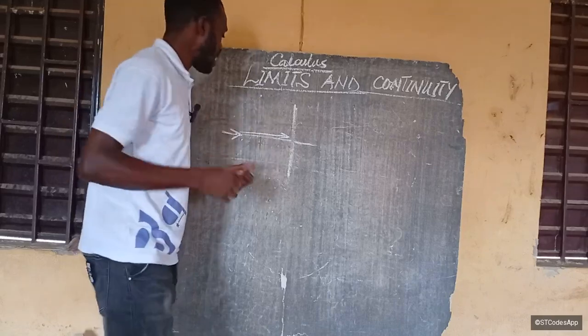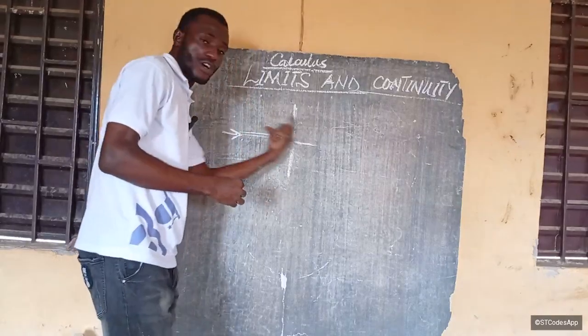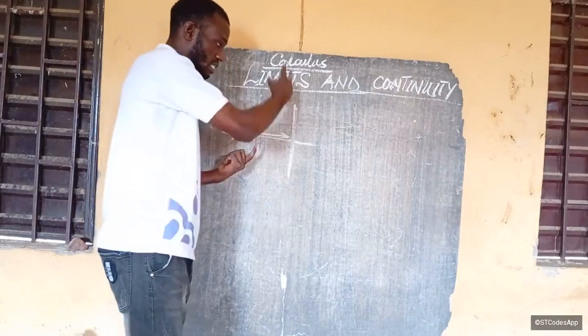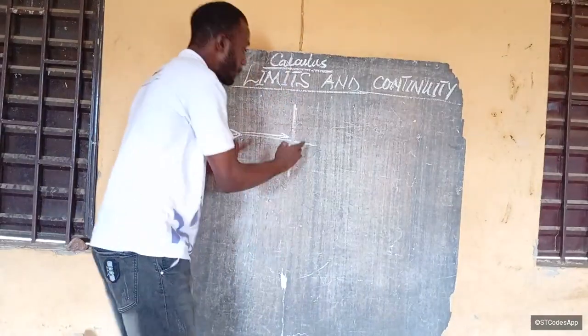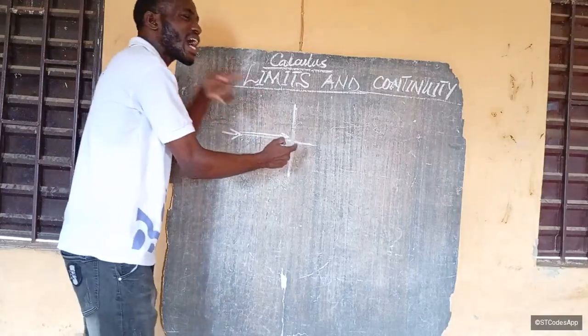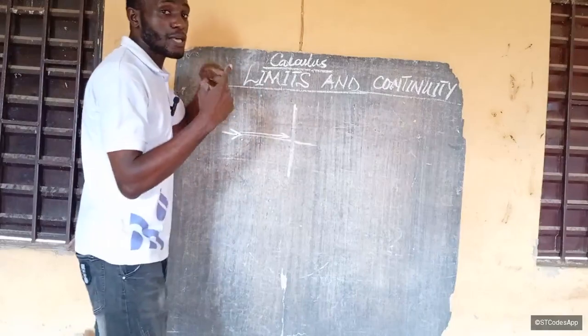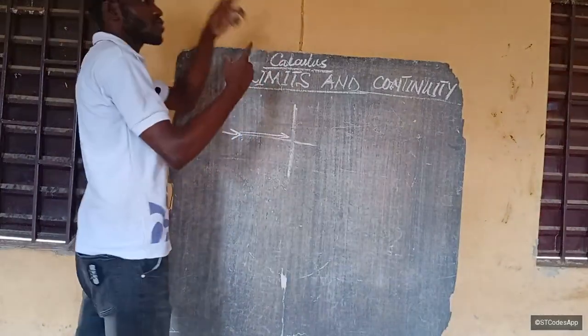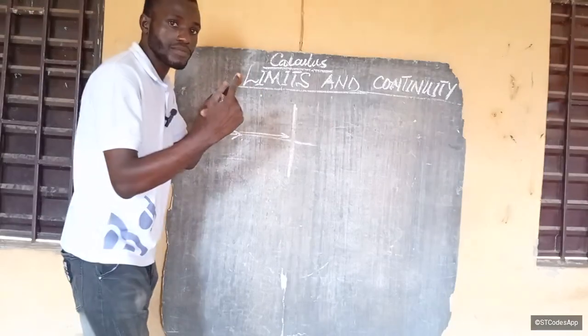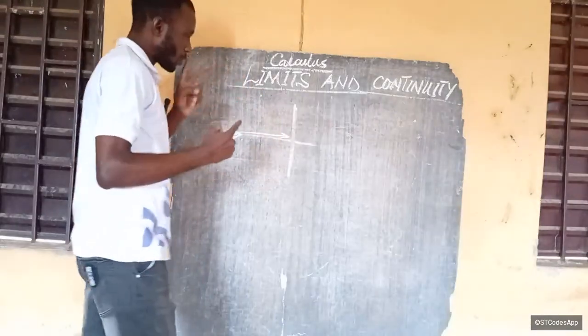So what that means is that this arrow will keep going further and further, trying to touch this wall or this barrier, but it never really gets to that barrier. It never really touches that barrier, only that it keeps getting closer and closer and closer to it. Is that okay? All right.